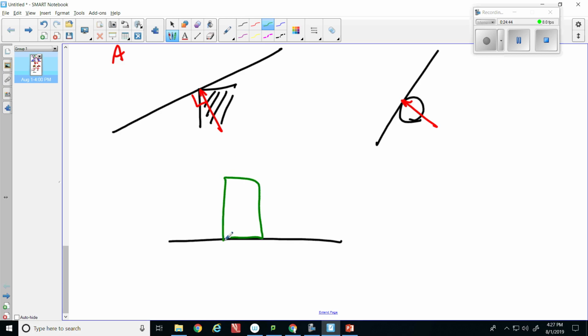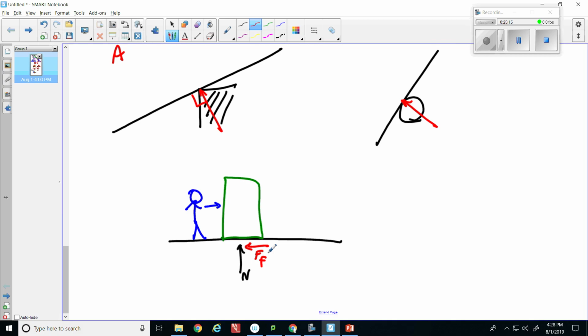We had this example of pushing a refrigerator. I know this is not the same, but we push the refrigerator and we know this is the normal force and this is the friction force. Yeah, you know what?